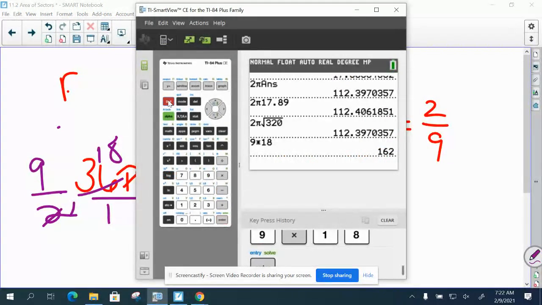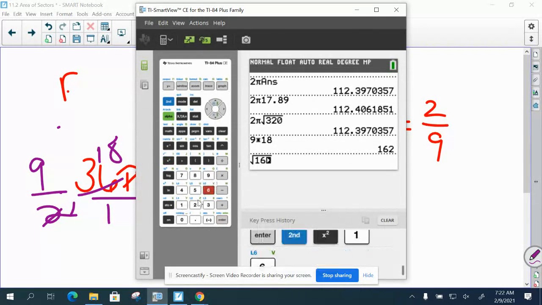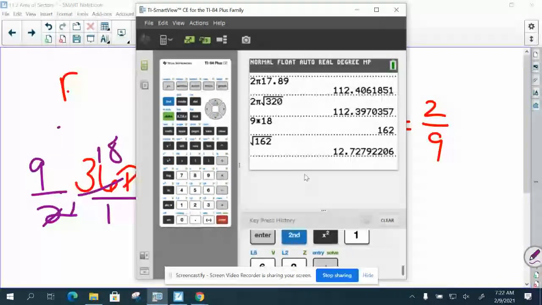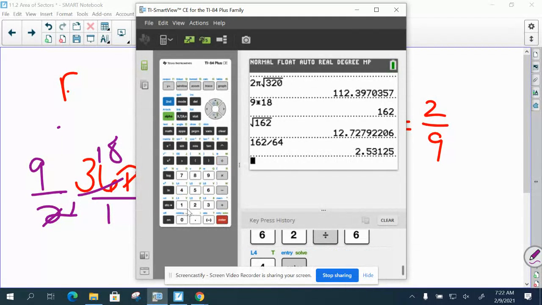Take the square root, and you get 12.73. Let's say I wanted to write this in simplest radical form. I would try to divide 162 by different perfect squares, like 64. I'm not thinking that's one.